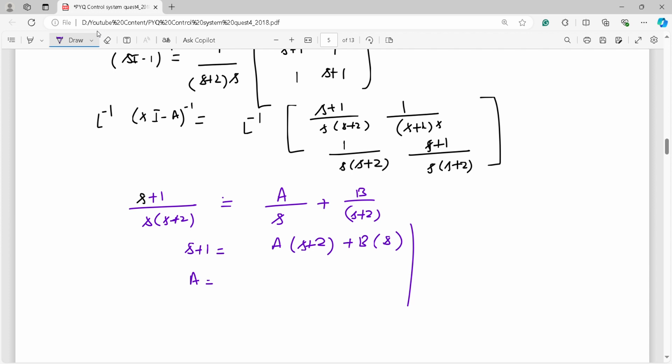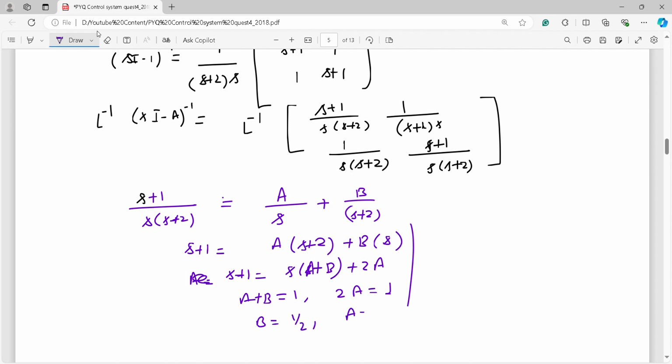Otherwise just solve it first, collect the same terms, (A plus B) s plus 2A, and then compare for equivalent terms. So A plus B equal to 1, and 2A equal to 1, this is the constant term. So here we get B equal to 1 by 2 and A equal to 1 by 2.